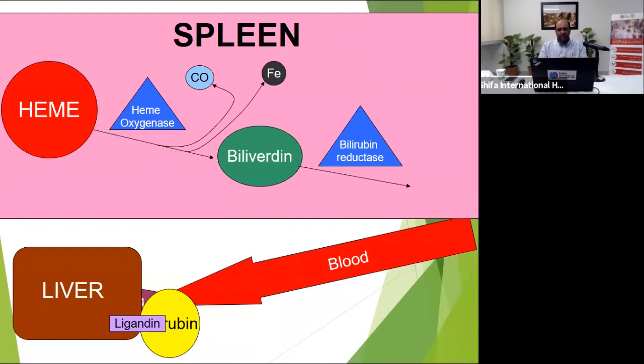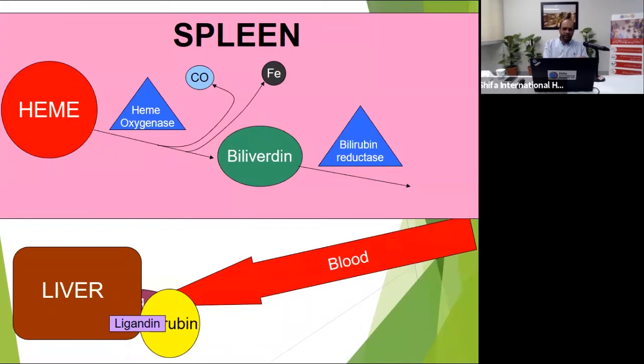So here we can understand the reason for hyperbilirubinemia in these newborn babies. Again, ligandin, which binds bilirubin, is at a very low level in the first 5 days of life. So that is the reason for physiological jaundice.